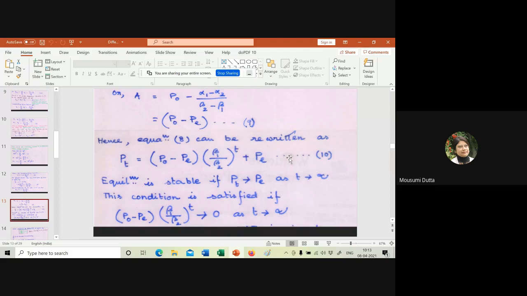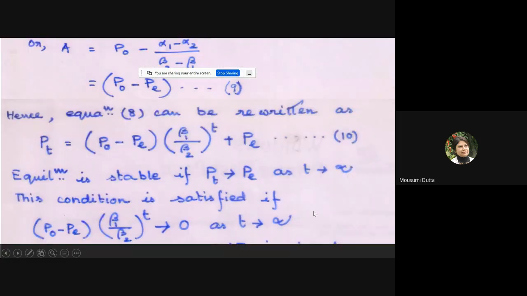So in general also, when we discussed stability, we got the condition that in the factor a b to the power t, mod b should be less than 1. This is the requirement of stability. Here we are getting the same thing, because this is an application of the first order difference equation.